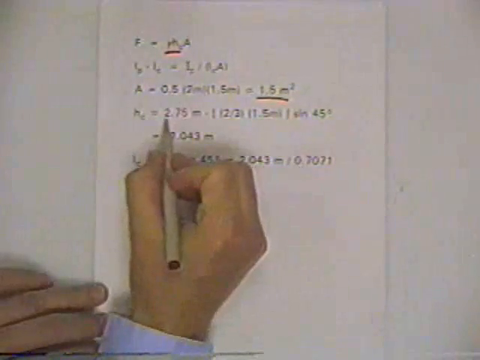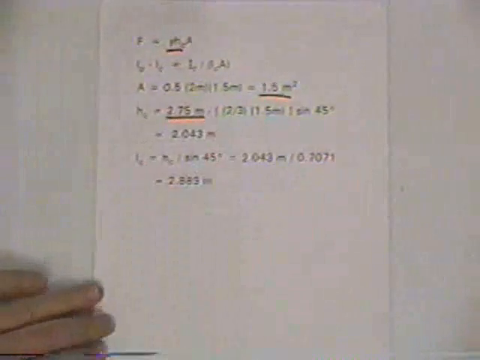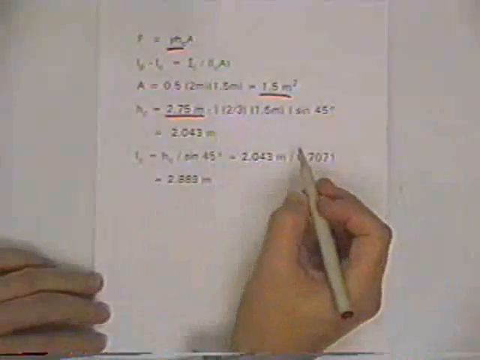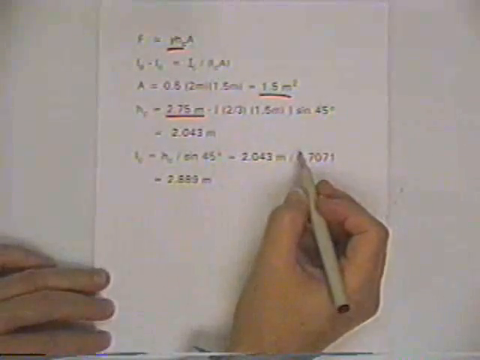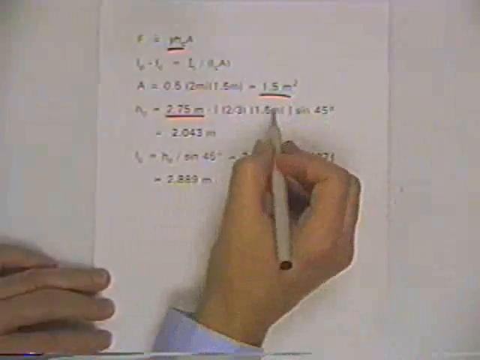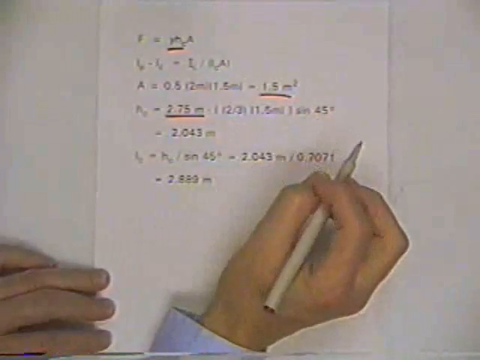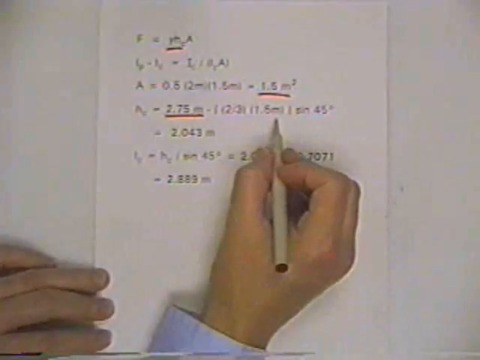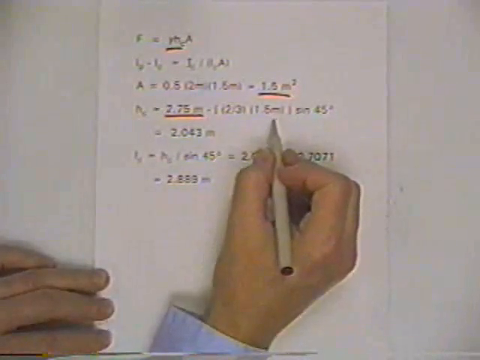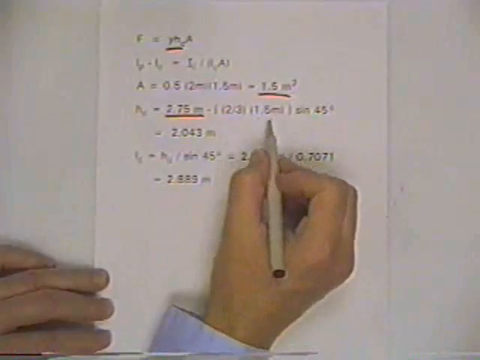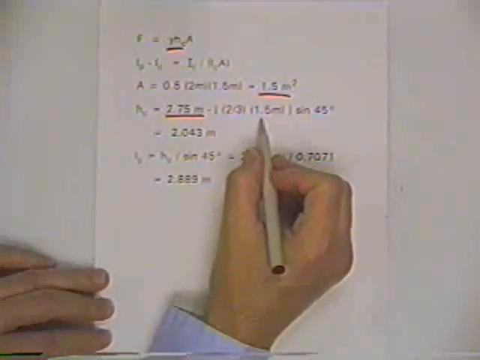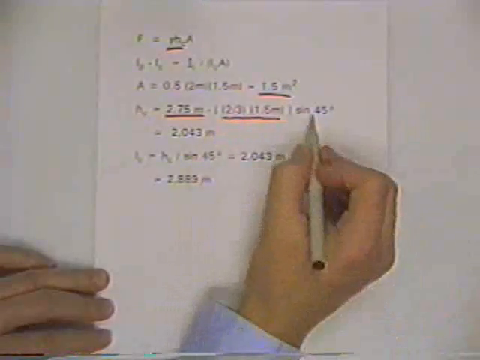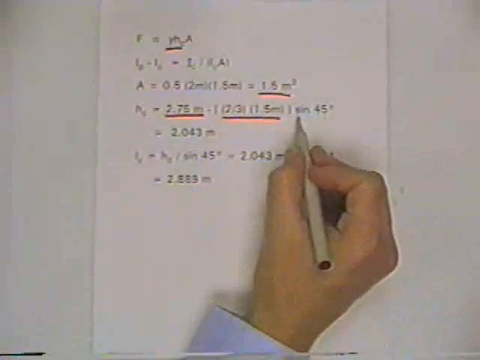Okay, so measured from the water surface to the bottom, 2.75 meters, and then subtracting off to get to the center of gravity. Actually, the center of gravity is just, we know the 1.5 meter length of the triangle along the incline, and the center of gravity is 2/3 of the way up, and it's at a 45-degree angle.